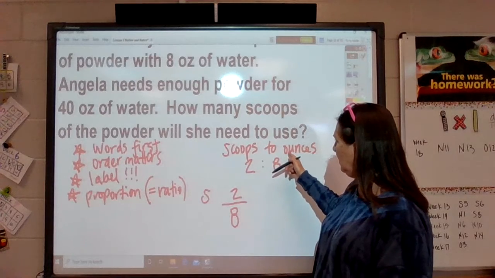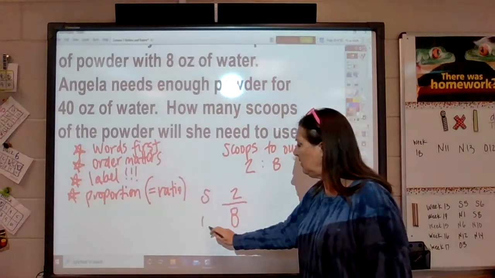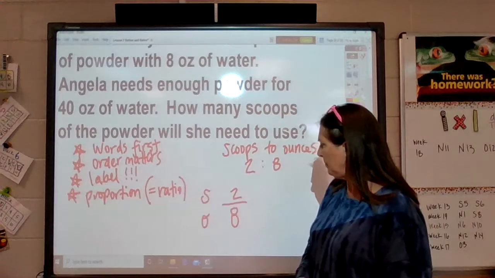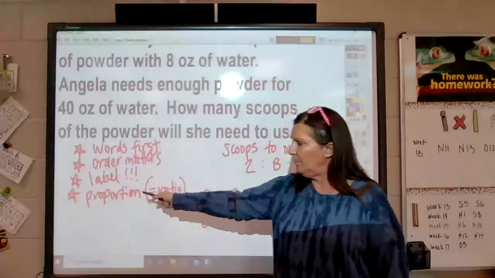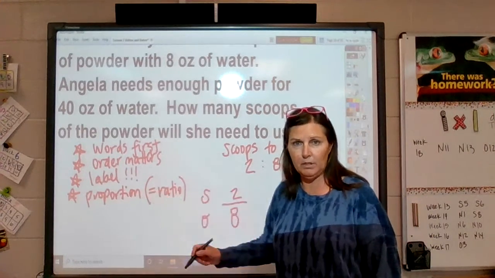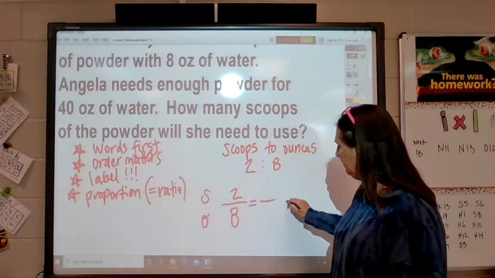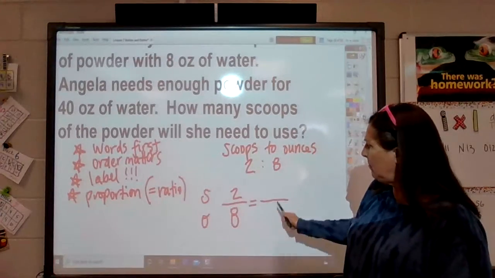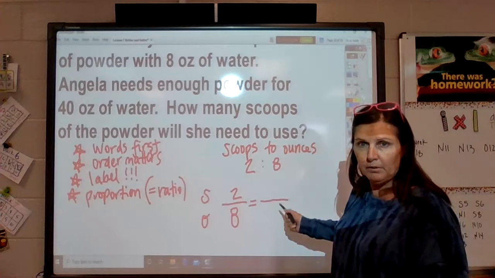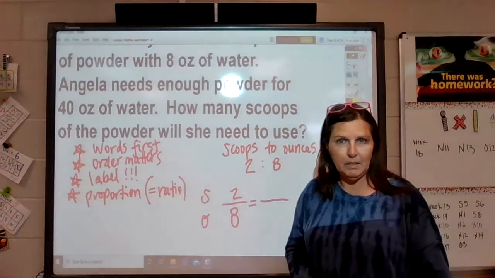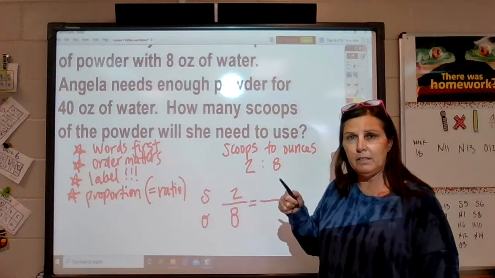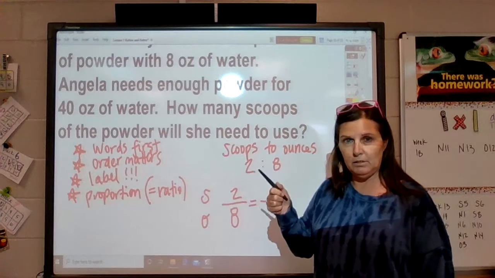And the 8 goes with ounces, so I'll put an O there. Right? And then our last part of this is we're going to make a proportion. I need an equivalent ratio. And then I just need one more number, and then I'm going to solve for my missing number. So my number that I'm going to have is 40 ounces.